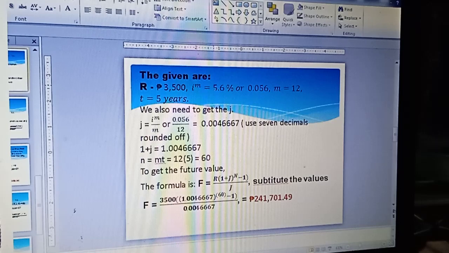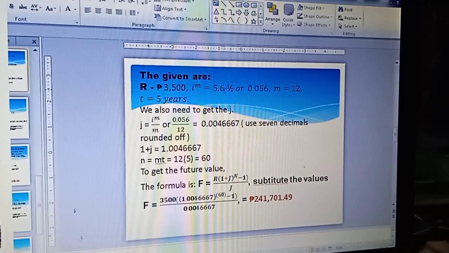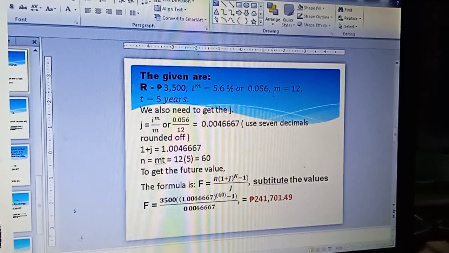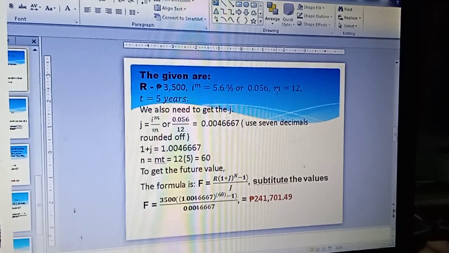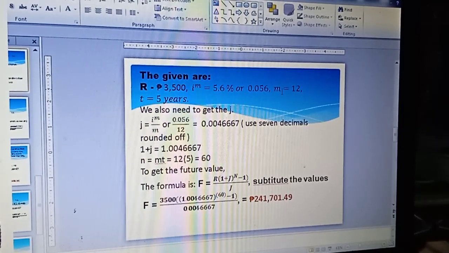It is very important to convert percent to decimal because we are not going to use the percent in computation but the decimal. And m, which is the frequency of conversion in a year, equals 12 because the periodic payment is monthly, and t is equal to 5 years.